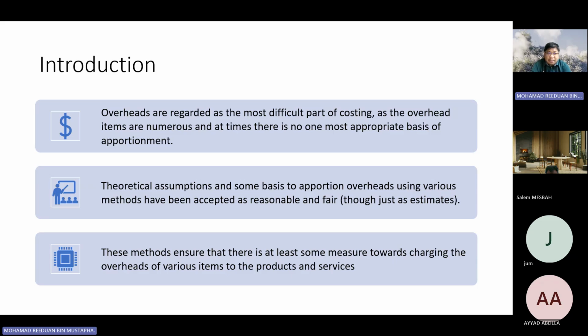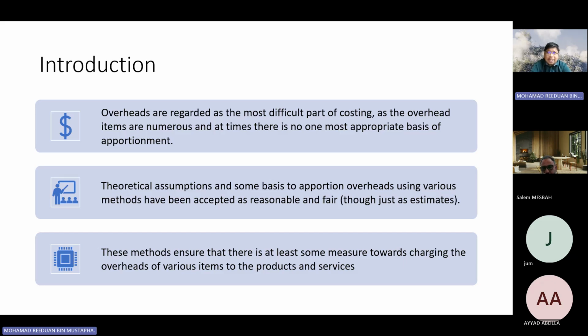It is very difficult, and there is no perfect way to identify those costs unless you key in items one by one in your database, and even then you cannot get it accurate.